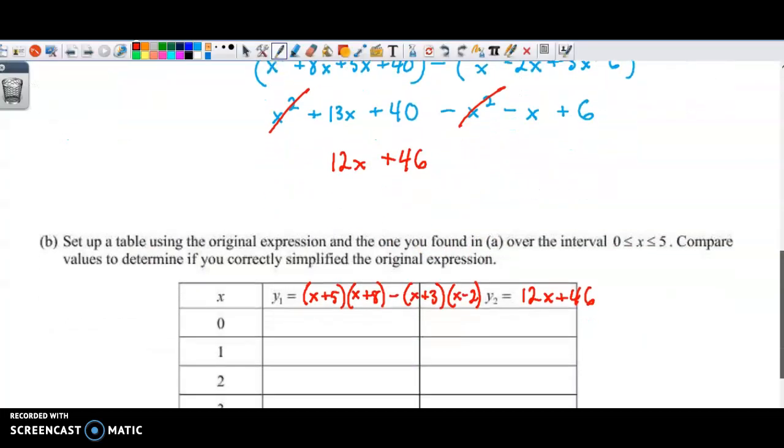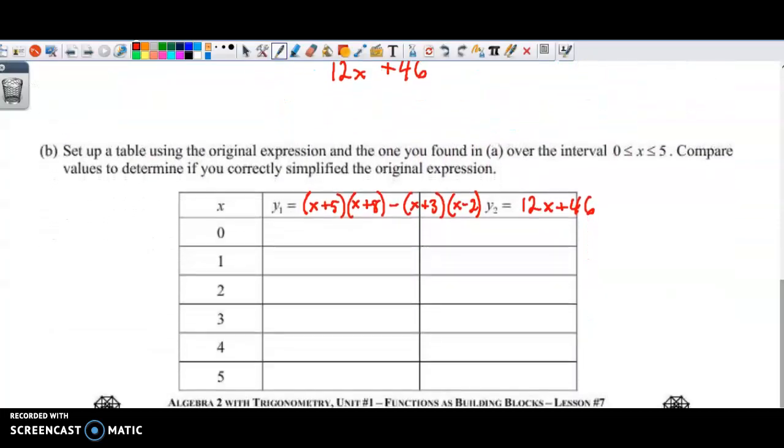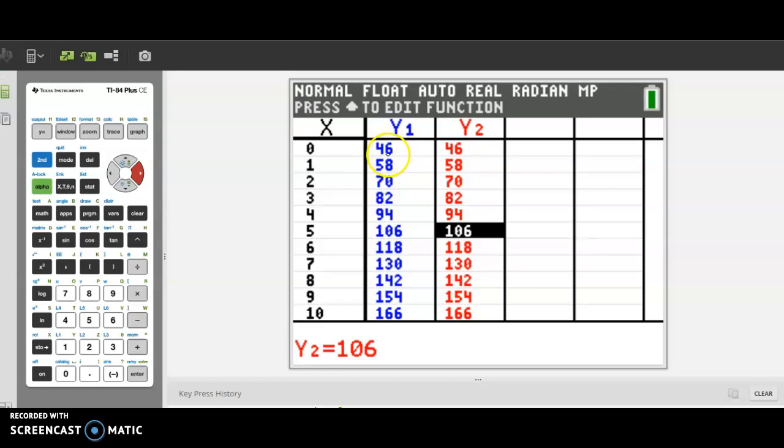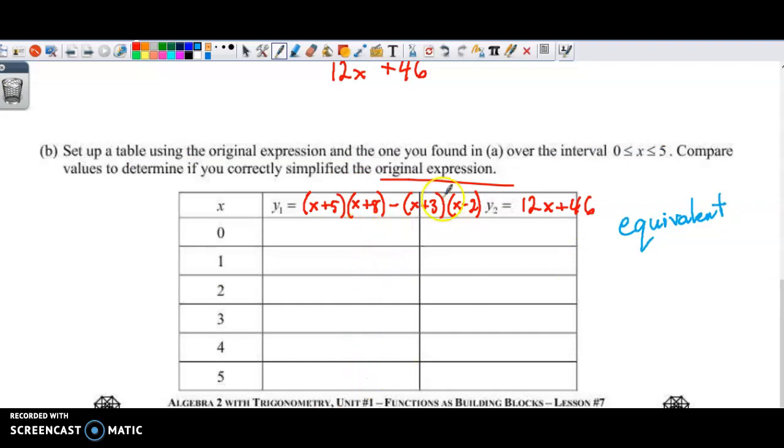So at any point you can hit pause in the video and type those in, and if they are identical, then the original expressions, y1 and y2, are what we call equivalent, which is very important stuff. So again, you need to type in 46, 58, 70, 82, 94, 106 into this table.